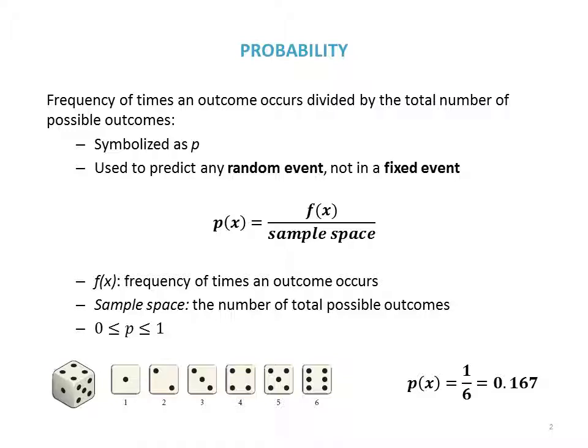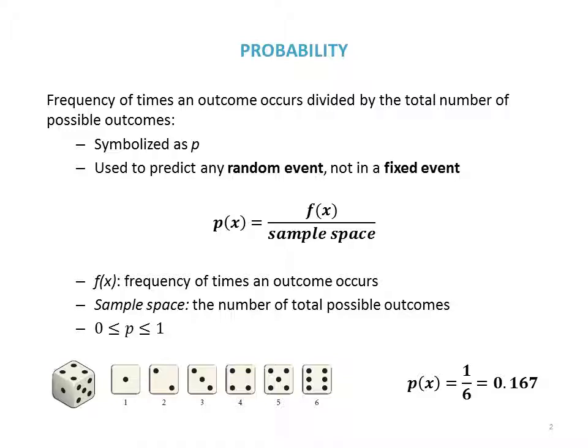The frequency of the dice giving a number 5 is 1. The sample space, the total possible outcomes, is 6. So the probability of the dice giving a number 5 is 1 divided by 6. It is 0.16.